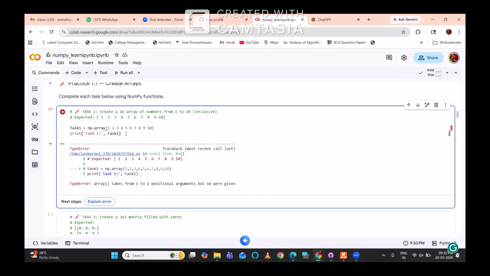One is the comma is missing after every value, and all the values should be kept in an array bracket. Are you getting it? You have to keep 1 to 10 within a square bracket as a list. Then that list needs to be passed into the array. You have to put a comma after every element, every value.